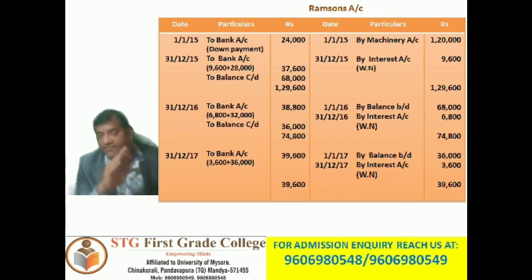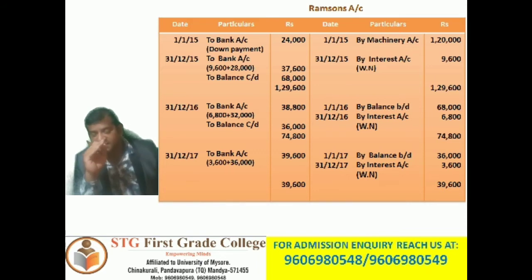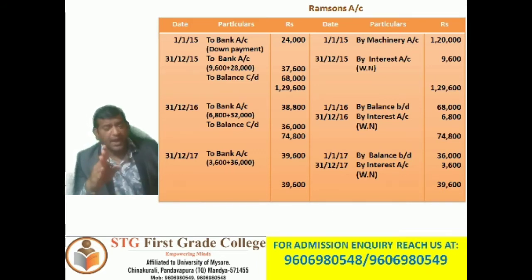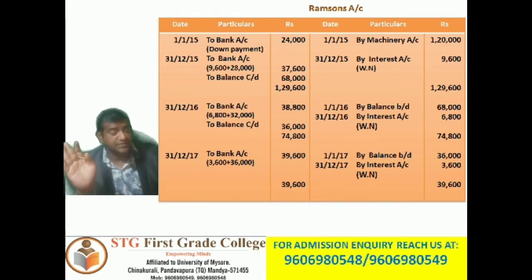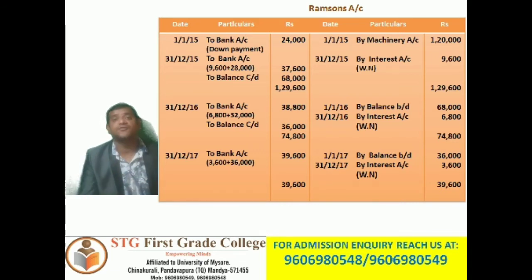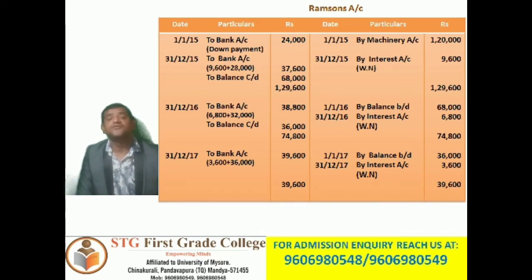In the third year 1/1/2017 by balance brought down 36,000, and by interest account 3,600, put together 39,600, and third year installment whatever he has given, to bank account 39,600. So this is the Ramson's account which we have solved, which is very easy also. The problem is very easy also.